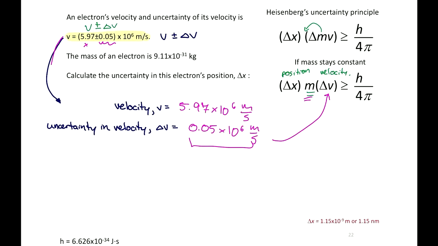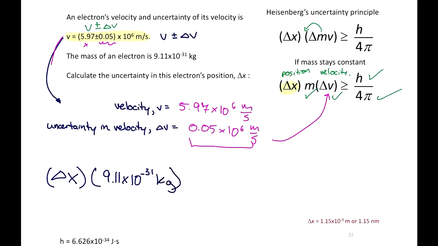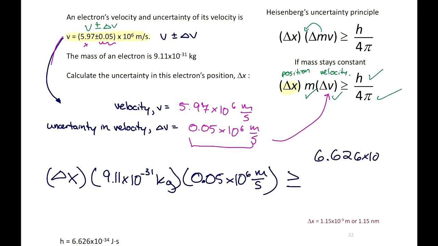Okay, we're actually not going to use the 5.97. We don't need it. Do we know the mass of this electron? Yes. We know the uncertainty in velocity. All of these are constants, so we are just going to solve for uncertainty in position. So the equation here is delta x, that's what I'm solving for, times the mass, so 9.11 times 10 to the negative 31 kilograms, times the uncertainty in velocity, so I'm going to use the 0.05 times 10 to the 6 meters per second, greater than or equal to Planck's constant, so 6.626 times 10 to the negative 34, over 4 times pi.